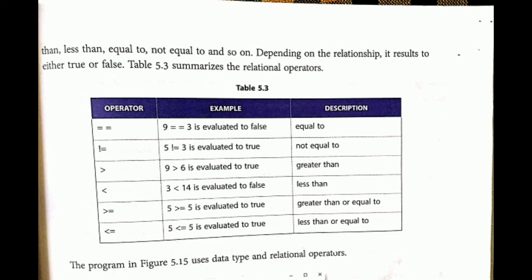These are the symbols that we use in Java program. We cannot write the particular statement or word. We use symbols for representing these operators. So you should study the symbols. Even for equal to, here we write two equal to symbols. And look at the symbol for not equal to.